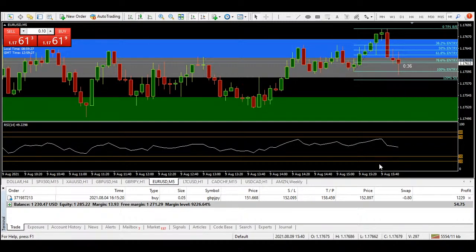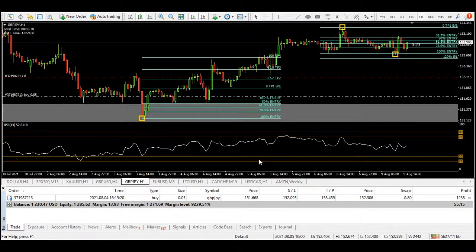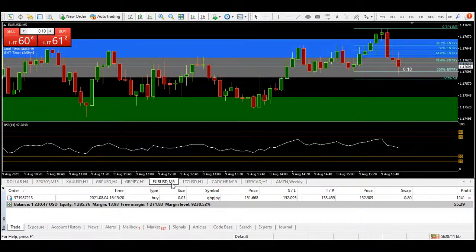A little less than 30 seconds left before 9 o'clock, so before the 4-hour candle. Looks like GJ is making some moves up for us. All right, so the pound is rallying up just in this instance. Let's see what EU does.